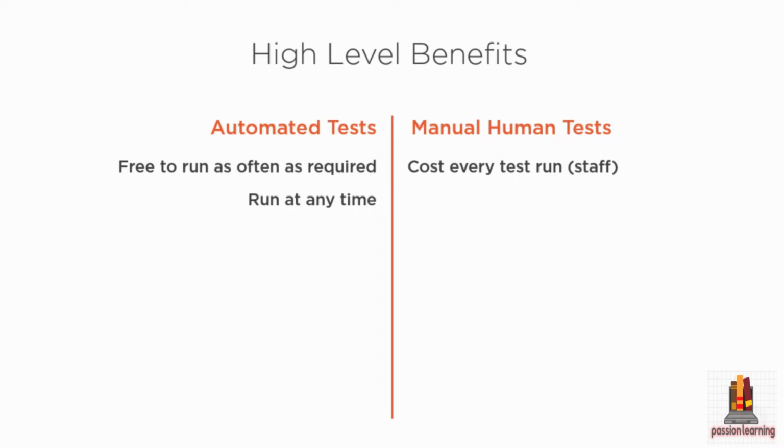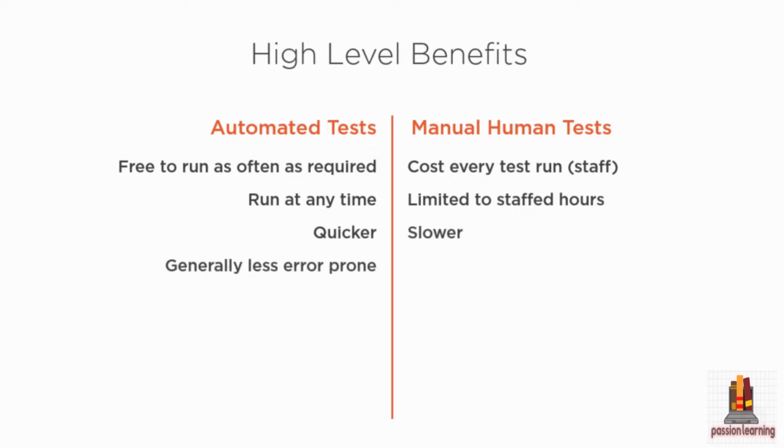We can run automated tests at any time of the day or night. They can be executed after each piece of work a developer finishes, or scheduled, for example, to run at midnight. Manual human tests, on the other hand, are limited as to when we can run them, depending on if we have staff in the office. Automated tests can execute more quickly than the equivalent manual human tests.